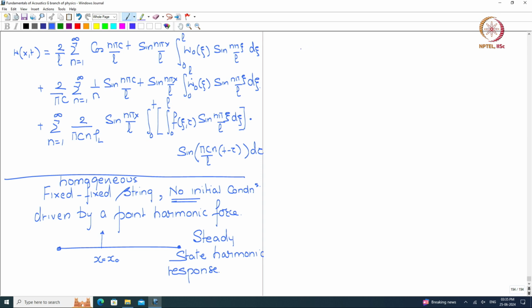What we have now is del 2 w of x comma t by del x square plus f by T delta x minus x0, this is how the force gets located, e to the power j omega t, is equal to 1 over c square del 2 w by del t square of x comma t. Here x is bounded between 0 and L.